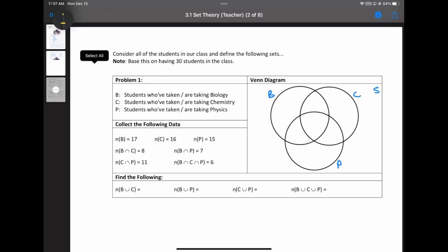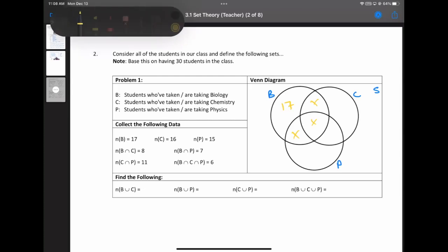Now, a whole bunch of people are going to want to write 17 right there. The problem with that is that that's the people that are taking biology and nothing else. They're inside the biology circle, but they're outside the chemistry circle and outside the physics circle. And I don't know that that's true, because if there's any numbers in this spot, or this spot, then there's going to be actually more than 17 students taking biology.